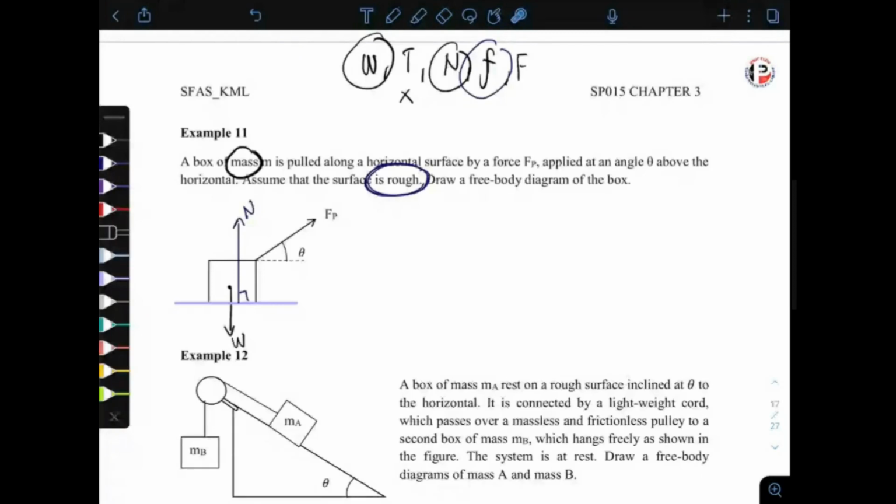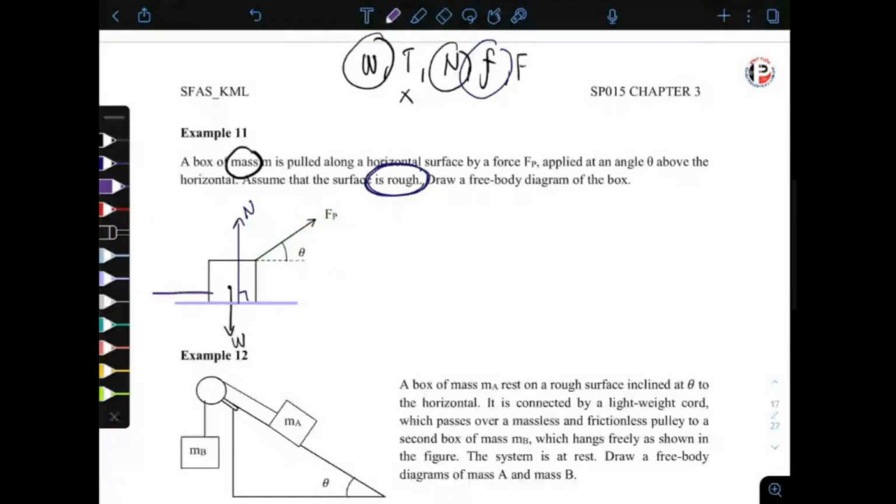Itu bukan concern kita. Adakah ada possibility untuk dia bergerak? Ada tendensi tak untuk dia bergerak? Sebab awak apply force dan force kamu is in this direction, maka tendensi untuk objek kamu bergerak adalah ke kanan. Therefore, dia akan experience friction in the opposite direction of motion.